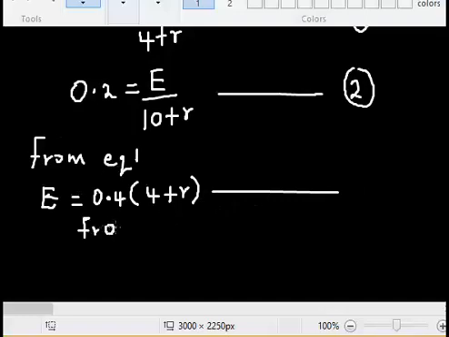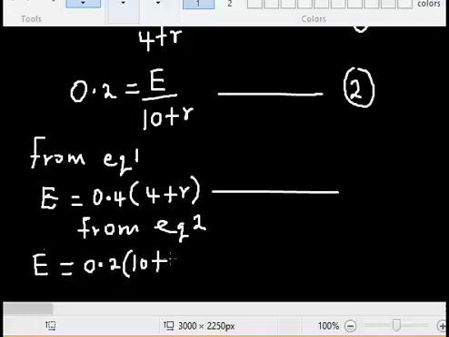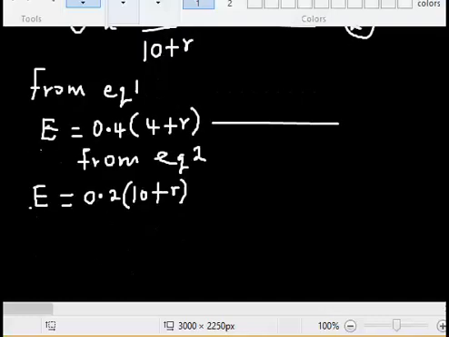If I do that from equation 2, if I still cross multiply, then E now is 0.2 times 10 plus R. So E is equal to E, so I can equate this. This is equal to this.